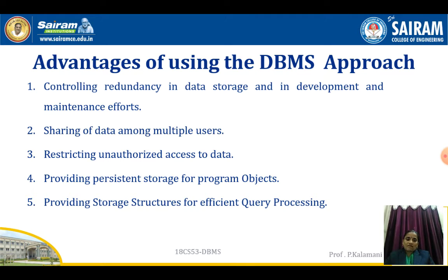That should be avoided in a database management system. Only one database should be maintained for the student. If the library wants some information, they can access it from there. They can create a virtual table and access it. The account people can access it, the department can access it, and so on. So controlling redundancy is the main advantage of the database approach.